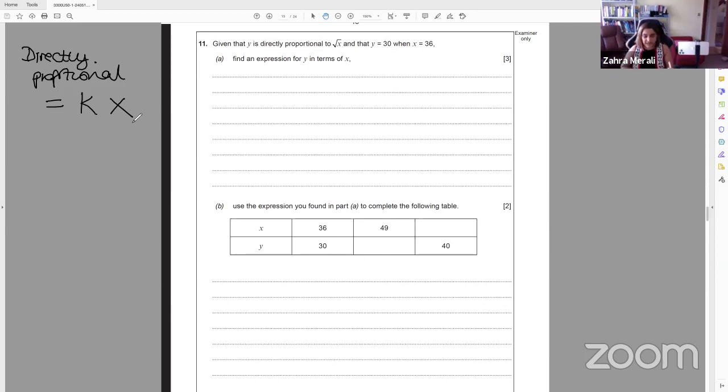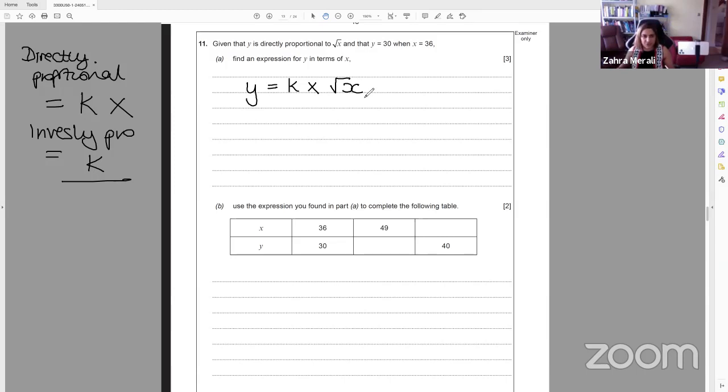Inversely proportional, and your brain is going to do K over, so K divided by. So we can see Y is directly proportional, so Y equals K times the square root of X.